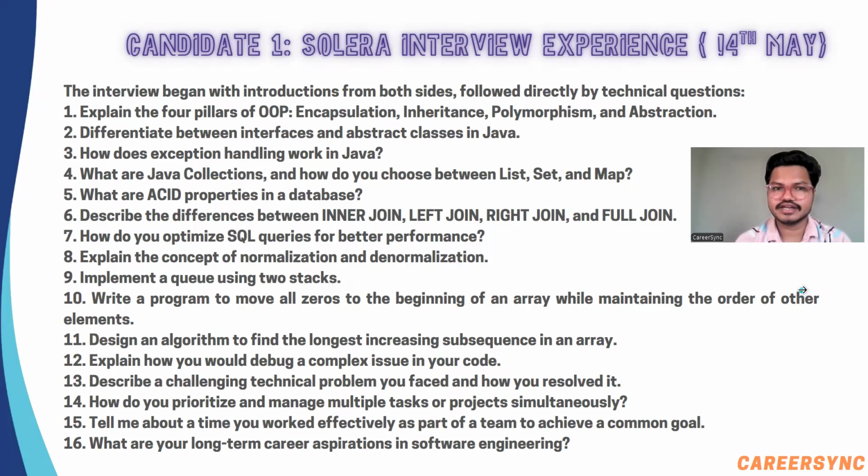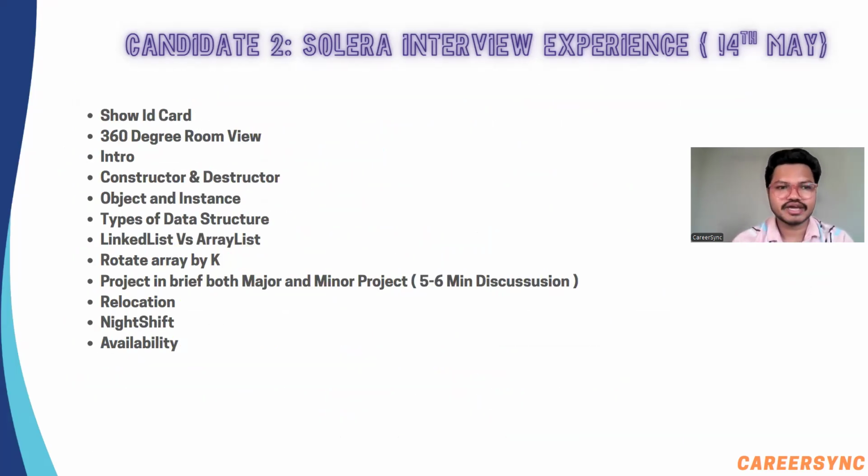Now, let's see the next one, from the second candidate. He had to show his ID card before the interview and a 360-degree room view, because many students are cheating with the help of friends. After that, he had to introduce himself.